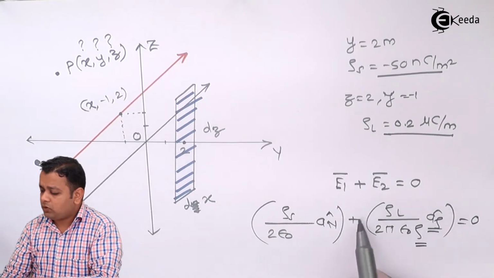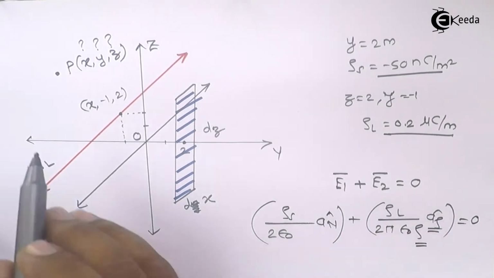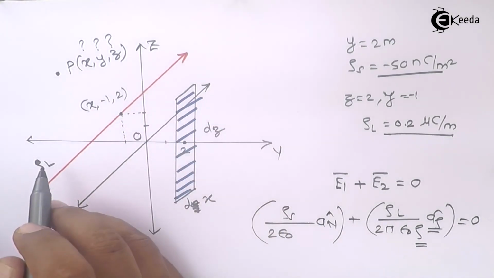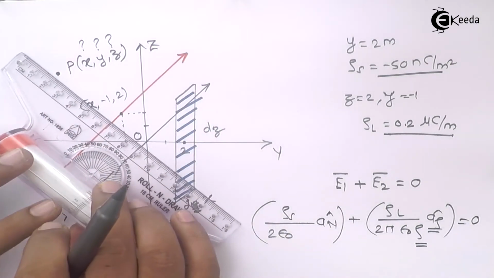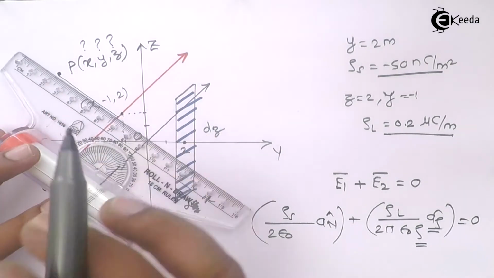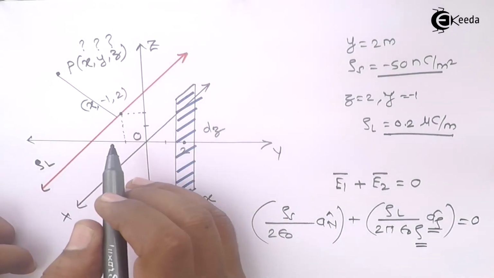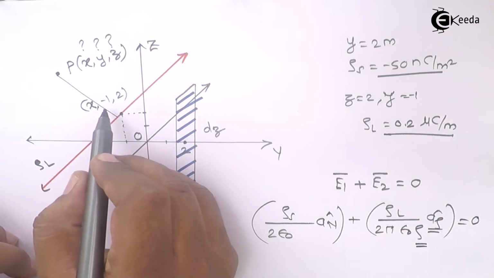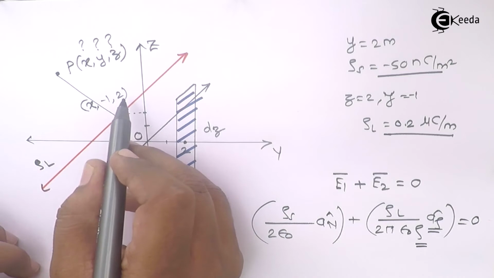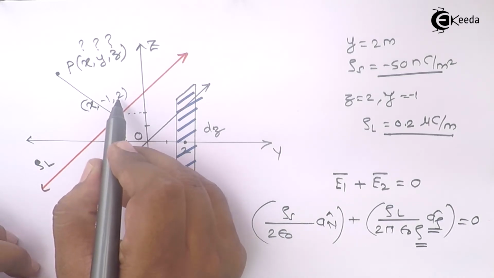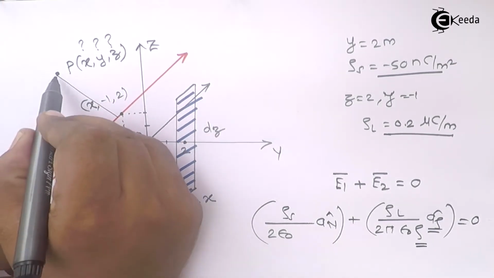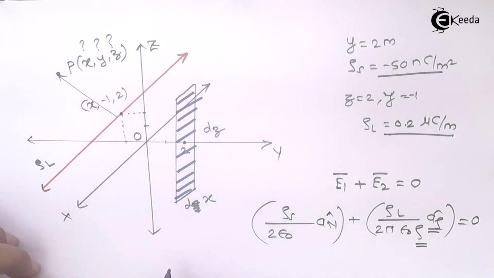So first of all, start with E2 bar. To get E2 bar, we have to draw a perpendicular from this point on this uniform infinite line charge. So if I draw a perpendicular, it will cut anywhere onto this line. So let us think about the locations in terms of coordinates. So y is -1 for this line, z is equal to 2, and x, y, z are unknown for the point. Now this will be the outward vector, which we will denote rho arrow cap.